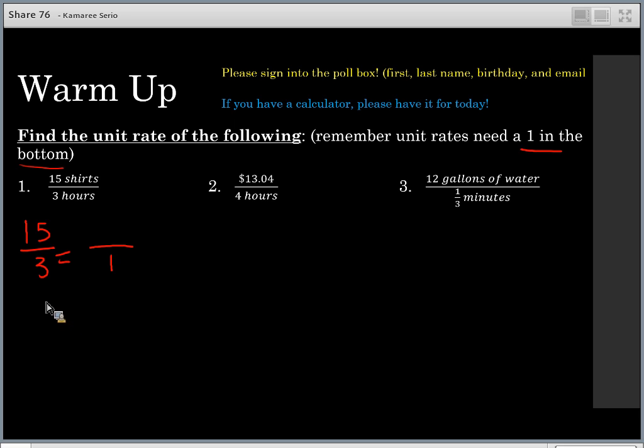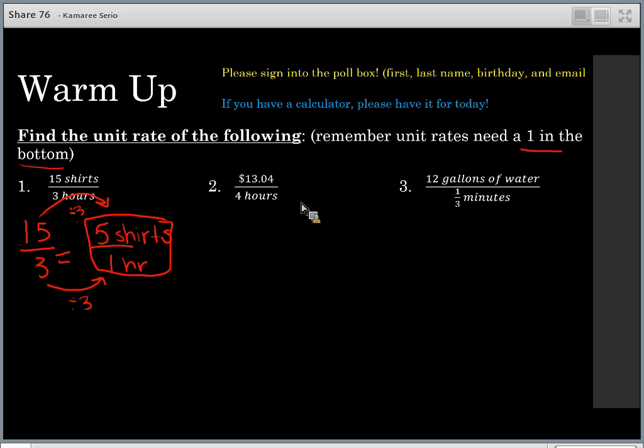So you have to think to yourself, well, to get from 3 to 1, I have to divide by 3, because 3 divided by 3 gives you 1. So anything you do to the bottom, you also have to do to the top. So we're going to divide this by 3. So 15 divided by 3 gives you 5 shirts every 1 hour.